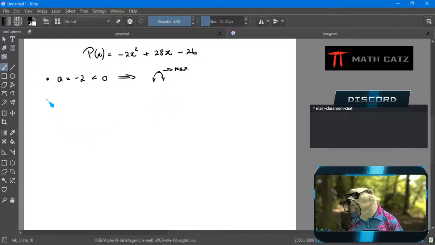Okay. Now I know that that maximum is going to sit right in line with the axis of, whoa, that's an ugly Y. The axis of symmetry.